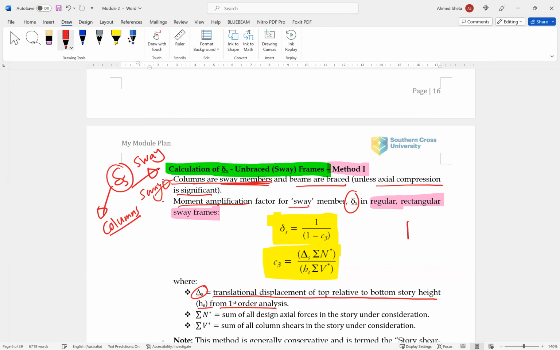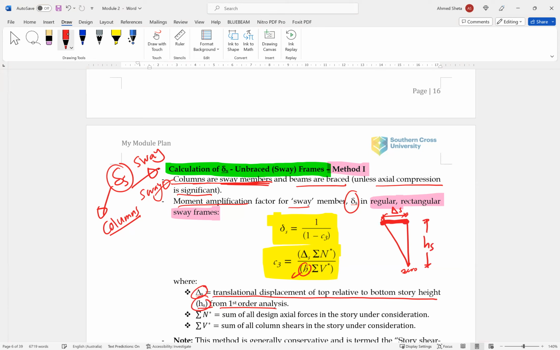So if this is our column, the height of the story is H S, and delta S is the translational displacement of top relative to bottom. So this is delta S.